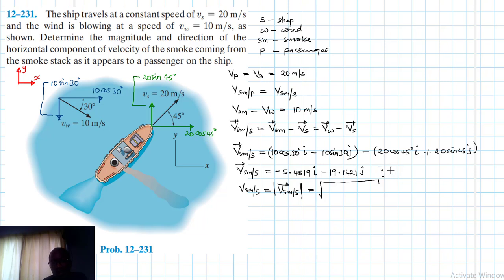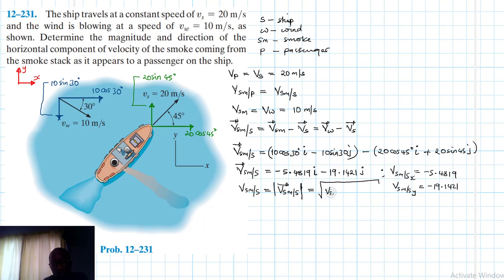Our x component, V_SM/S x, is minus 5.4819, and our y component is equal to minus 19.1421.